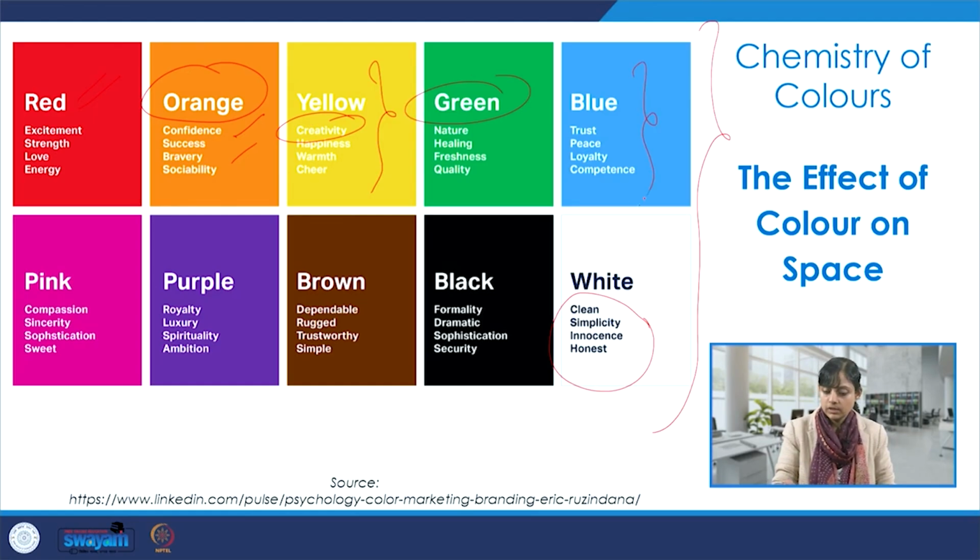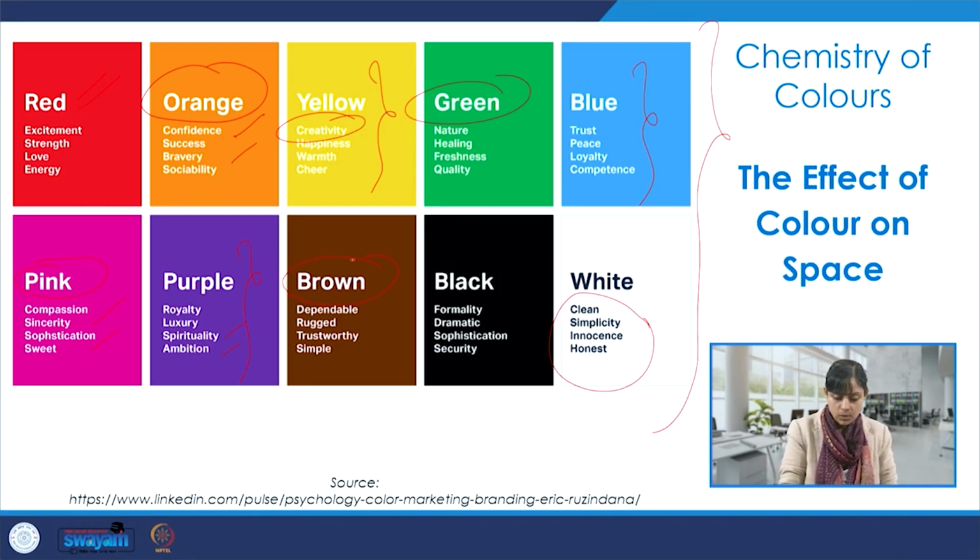Talking about the cool color blue, it showcases peace, loyalty, more emotions that humans can relate to. Pink is seen as the color of compassion, sincerity, sophistication, sweetness. Purple is seen as the color of royalty, luxury, spirituality, ambition.